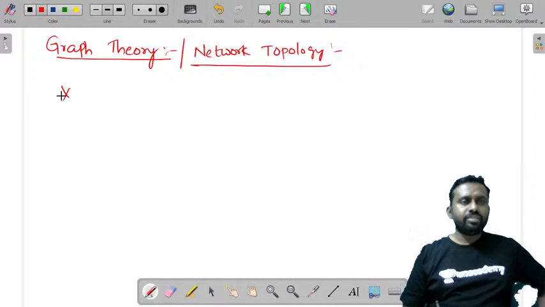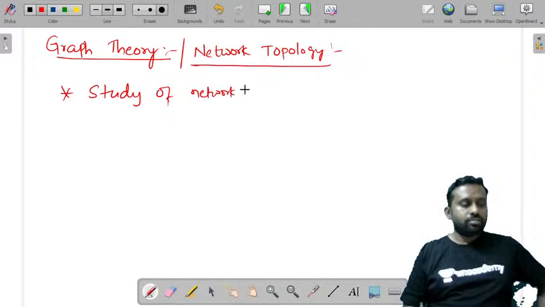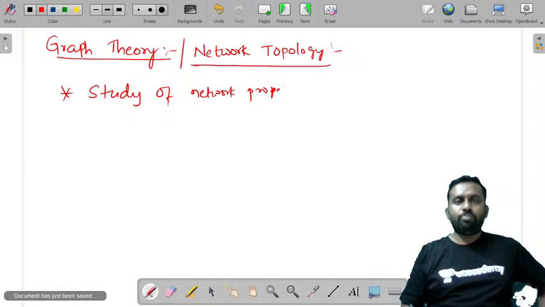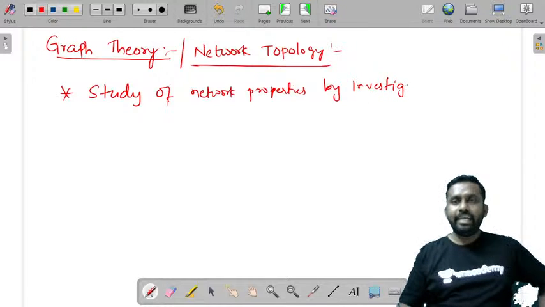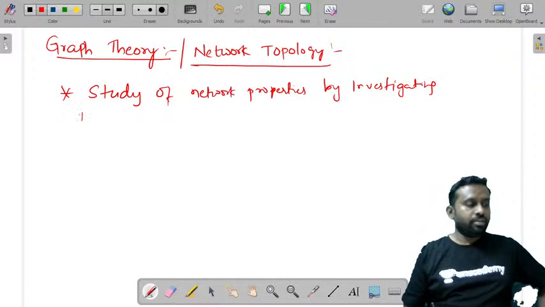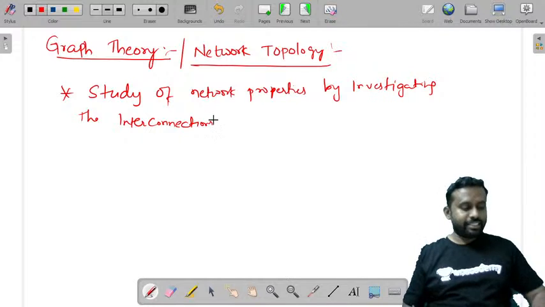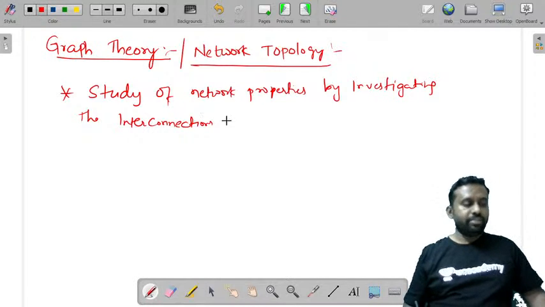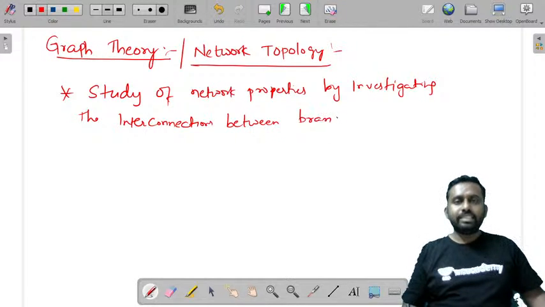It is the study of network properties by investigating the interconnections between branches and nodes.